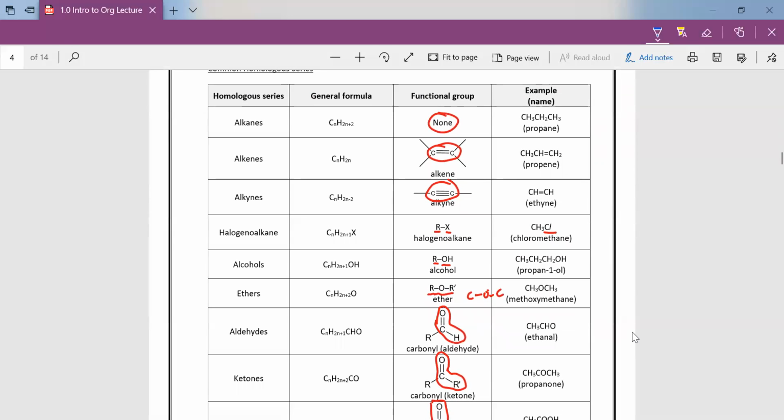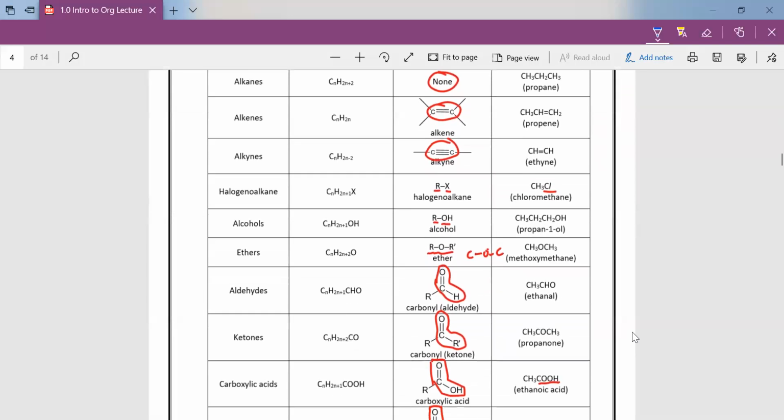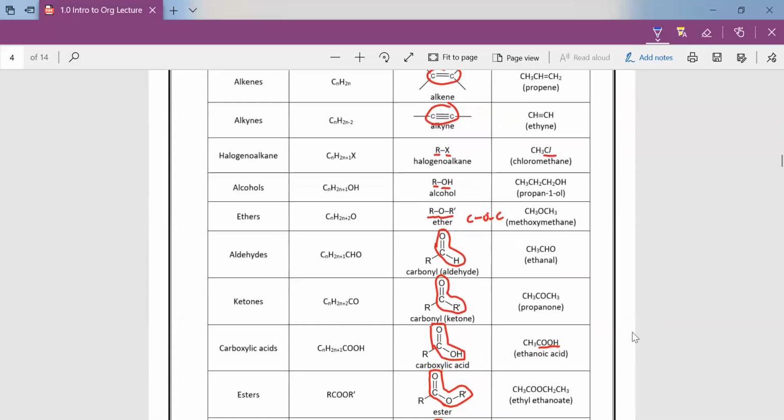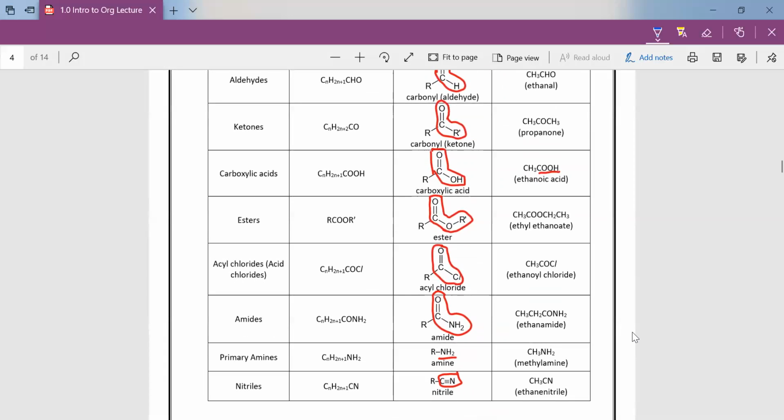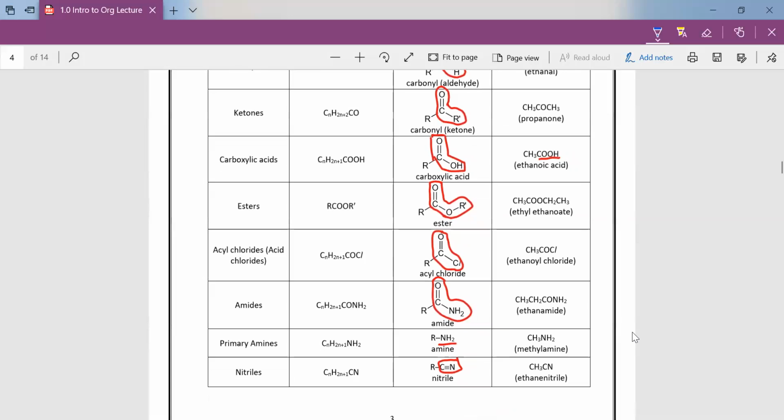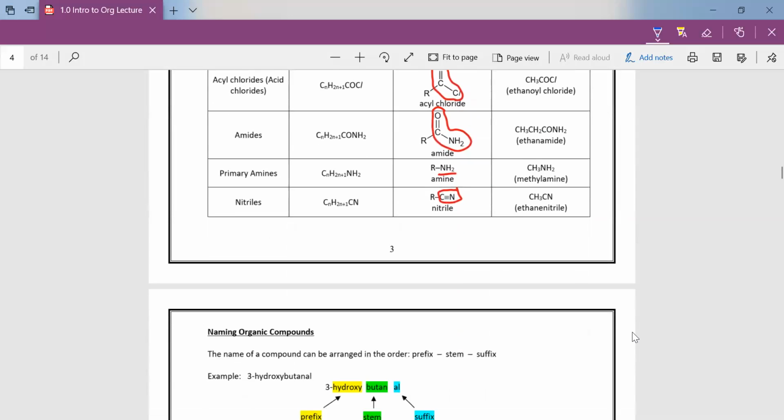You will basically be learning a couple of these, not the whole list, but at least some of them, for your syllabus. Okay, that's quite a long list, but we won't be covering all. There's some which are really out of syllabus. But we'll be covering some later on.